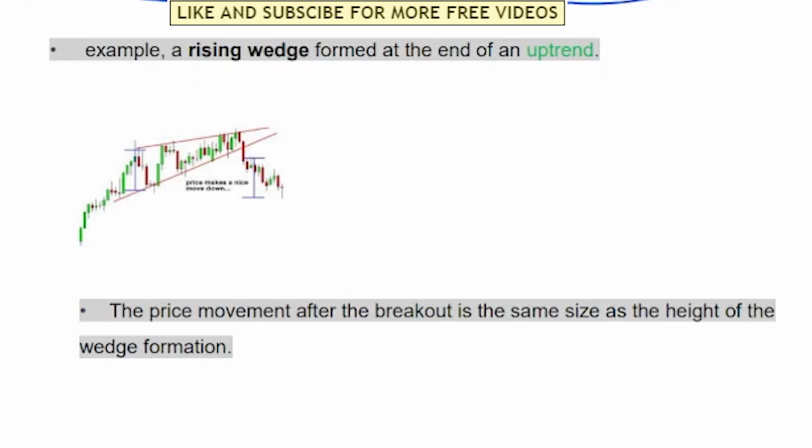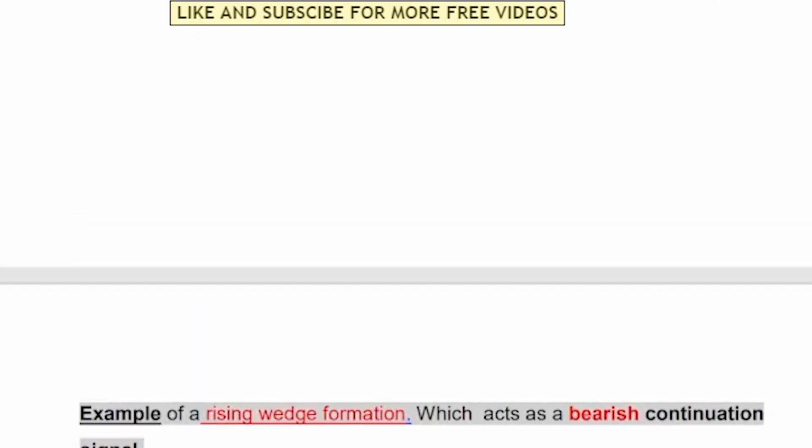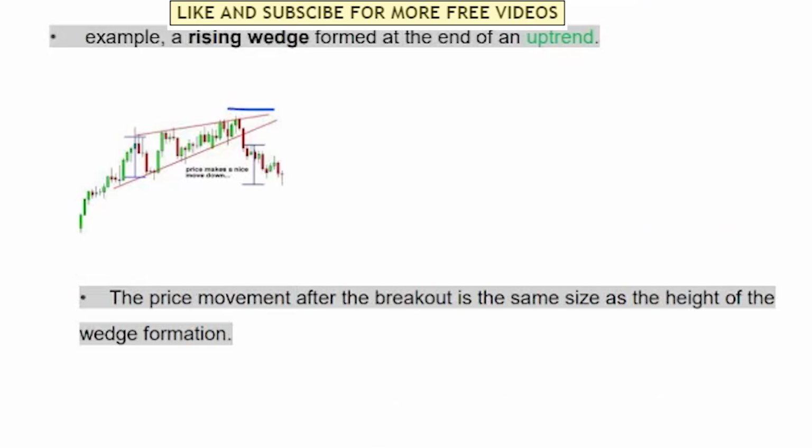So the target will be the formation of a rising wedge, and the stop loss will be above the formation of a rising wedge. Okay, so let's take an example from there, and we see how we're going to set an entry and where we're going to be setting a stop loss.